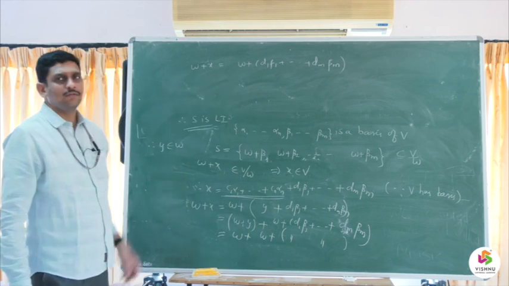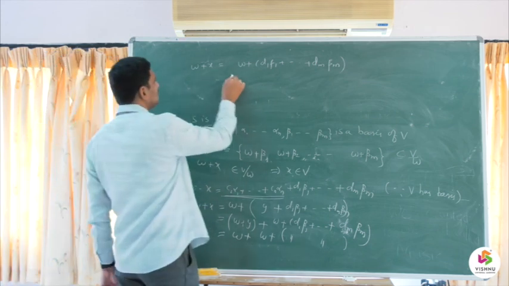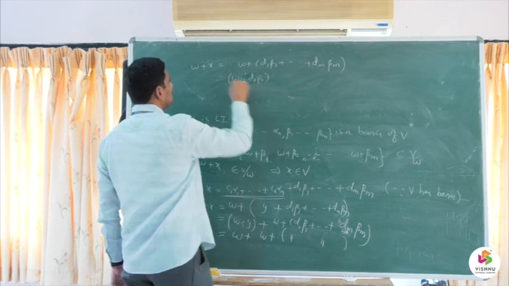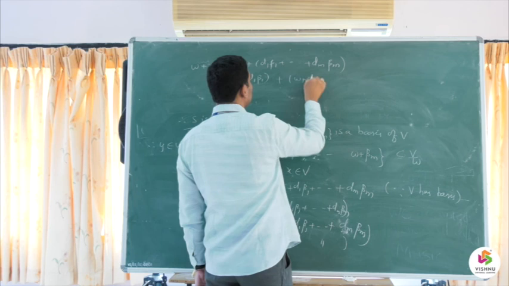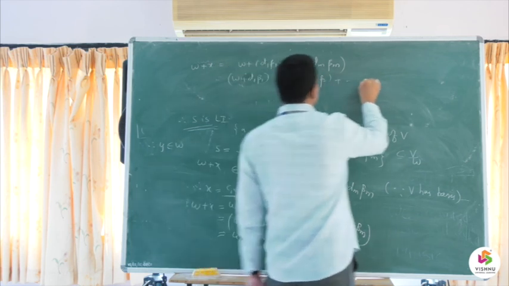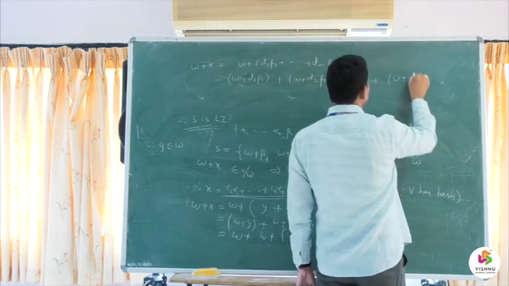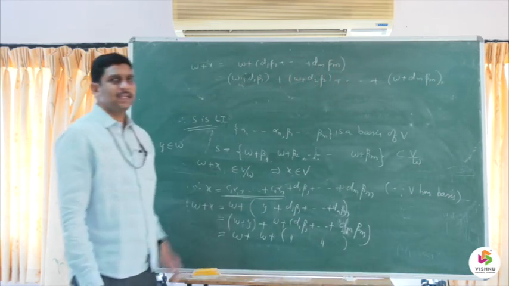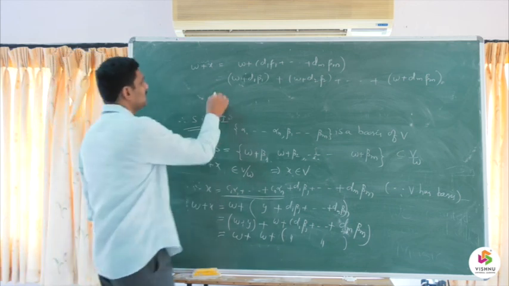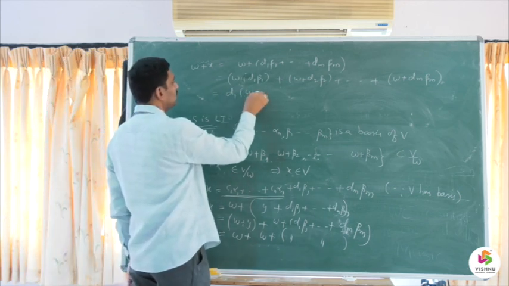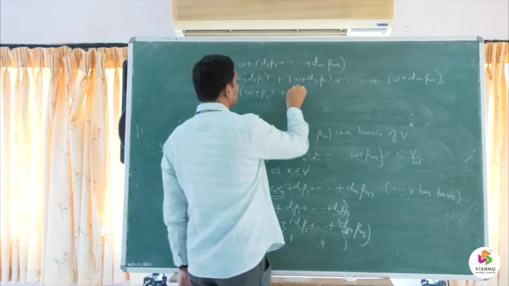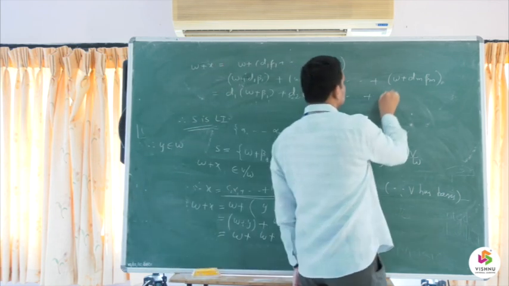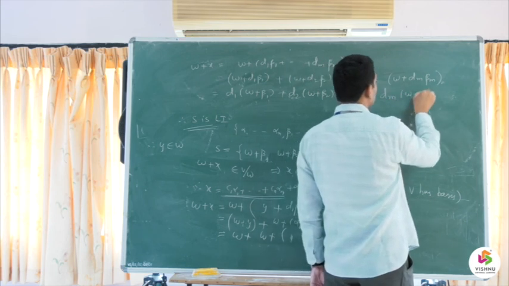Again, by using the sum of cosets property, this is W plus D1 beta 1 plus W plus D2 beta 2 plus so on plus W plus Dm beta m. Again, applying the scalar multiplication property of cosets, this is D1 into W plus beta 1 plus D2 into W plus beta 2 plus so on plus Dm into W plus beta m.